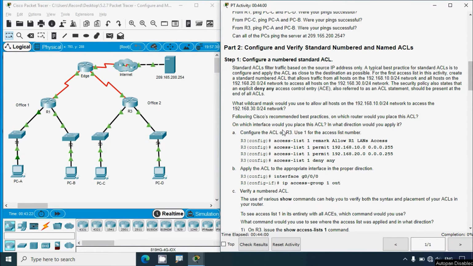On which interface would you place this ACL? In what direction would you apply it? So here we can see our destination network is here, and it is connected to this interface G0/0/0 in this router R3, and we have to apply this ACL in out direction.